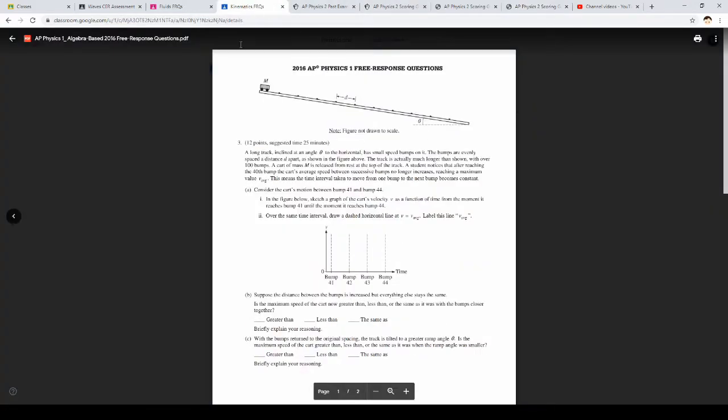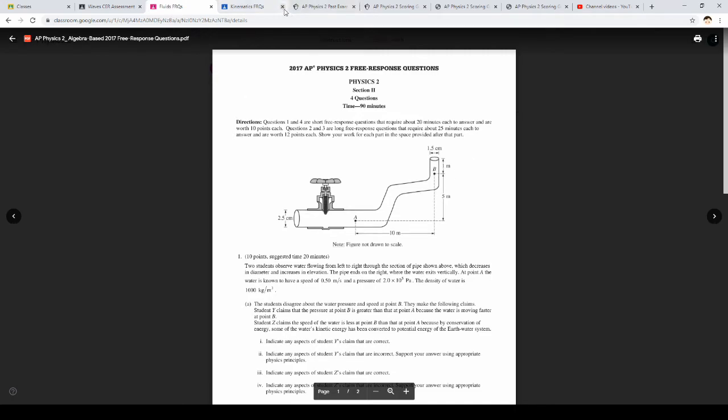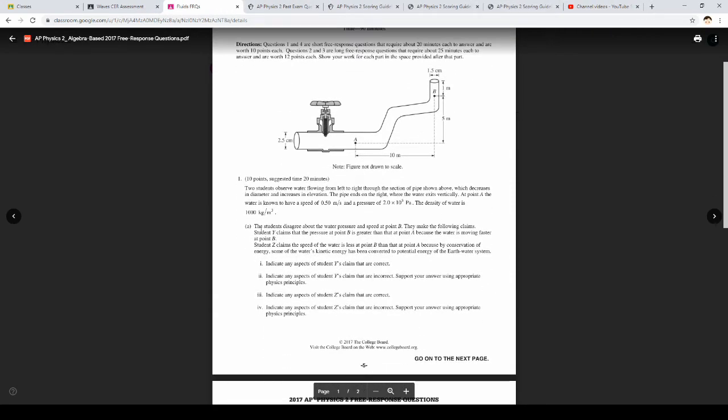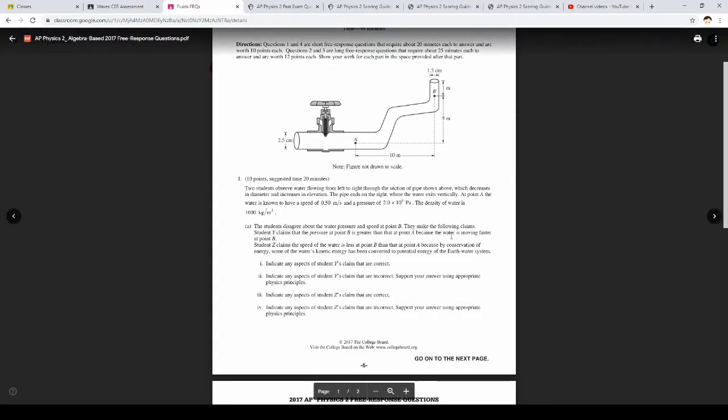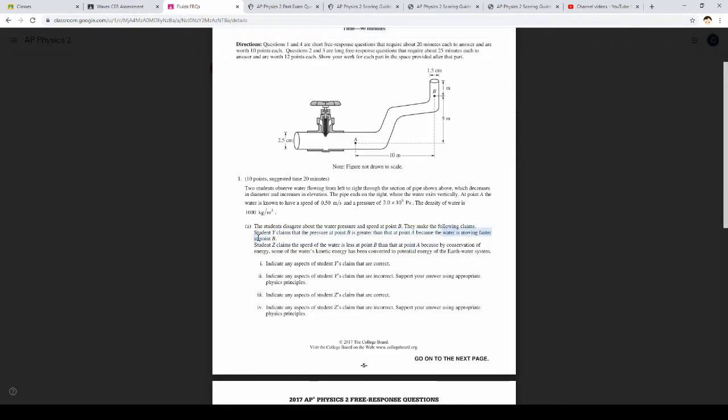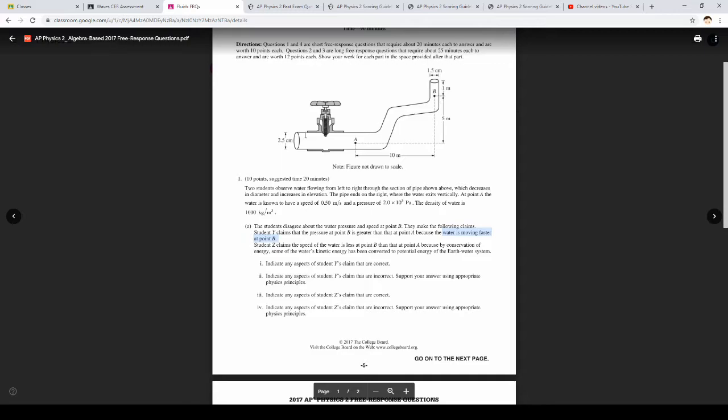So if we look back here, student Y claimed that the pressure at point B is greater than at point A because the water is moving faster at point B. The only part that is true is that the water is moving faster at point B. We know that the water is moving faster at point B because of the continuity equation. This has a larger area than that, so it will have a smaller speed than up there because of the law of conservation of mass.